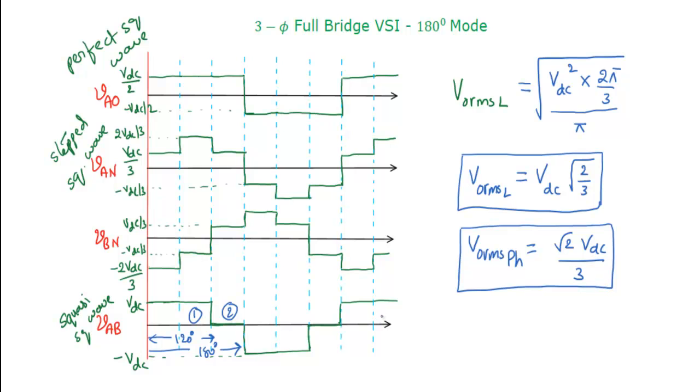Okay, so that's one. And another important thing we need to remember here is the Fourier series for this waveform. It is simple to have the Fourier series for the line voltage. Once you have the line voltage, you can get the phase voltage from the relation between phase and line. So that's why I am giving the Fourier series for the line voltage, line AB.